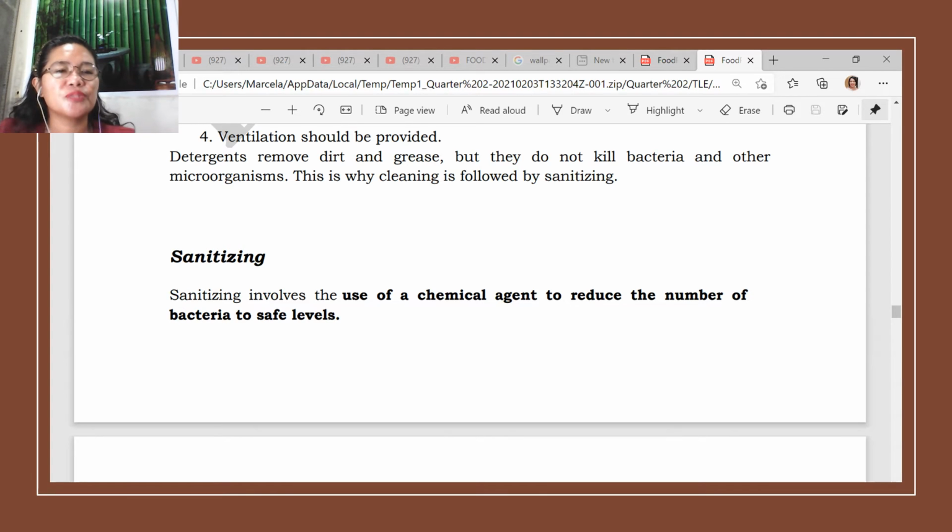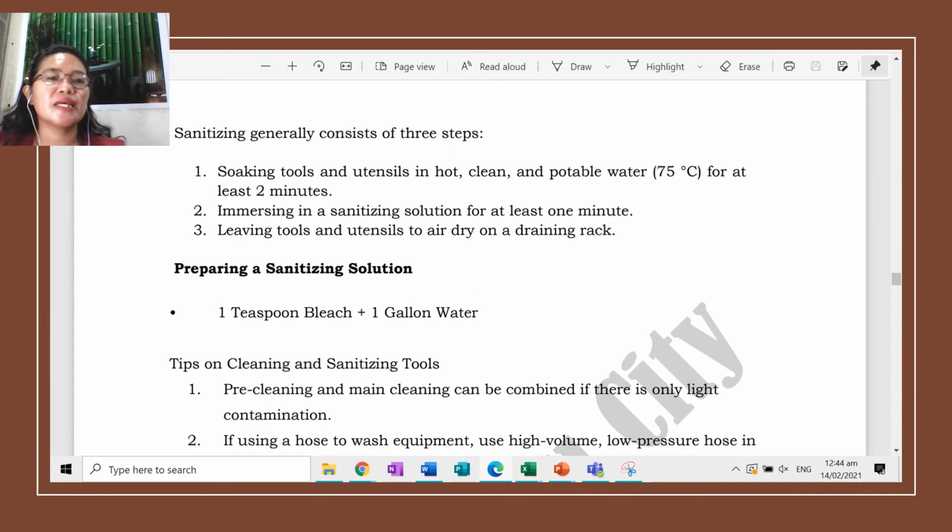Okay, so let's proceed to sanitizing. What is sanitizing? Sanitizing involves the use of chemical agents to reduce the number of bacteria to a safe level. That is sanitizing. Sanitizing generally consists of 3 steps.